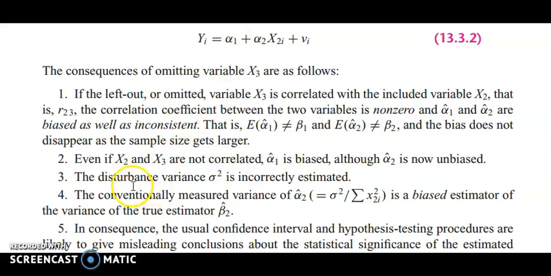The third consequence is that the disturbance variance sigma squared is incorrectly estimated. Due to this, the variance of alpha 2 hat, with this formula, will be a biased estimator of the variance of the true estimator beta 2 hat. Because of this, the usual confidence interval and hypothesis testing procedures are likely to give misleading conclusions.